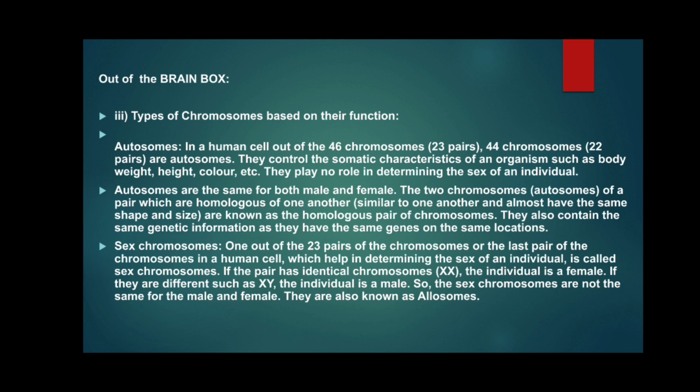In class 8 you studied that the 22 pairs of autosomes are responsible for carrying different characters from parent to offspring, except the identification of sex, whether the child is going to be a boy or a girl.